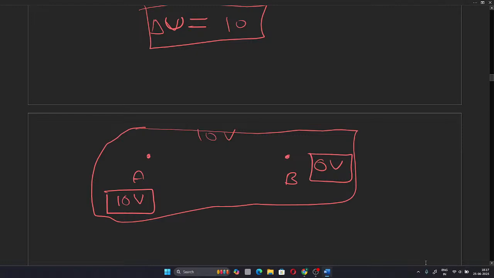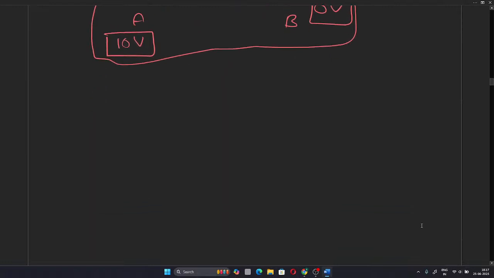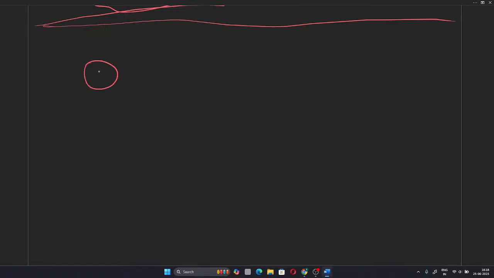I believe what's going on here is a charge Q and a test charge Q naught.